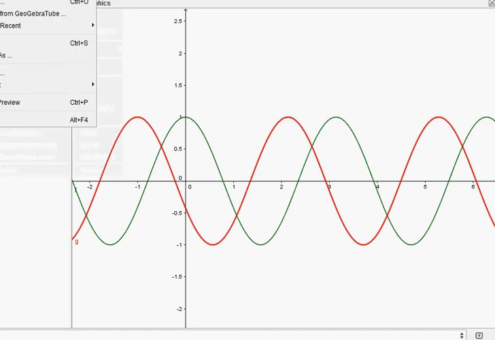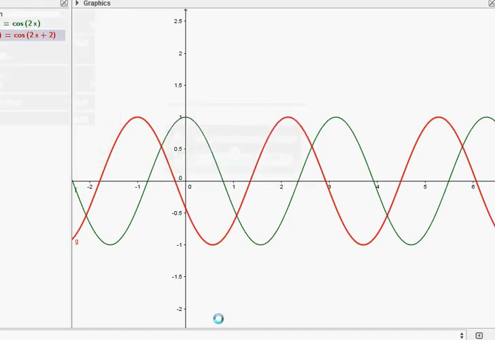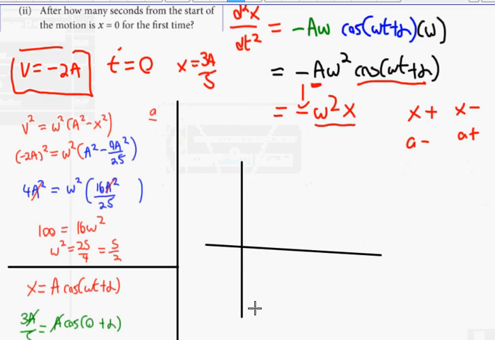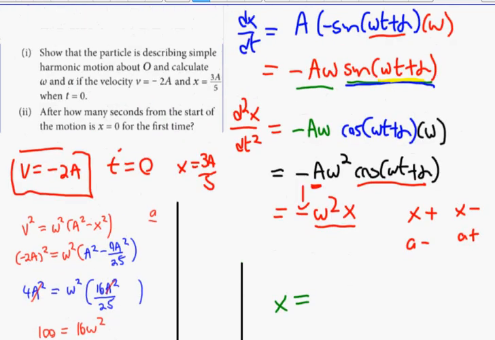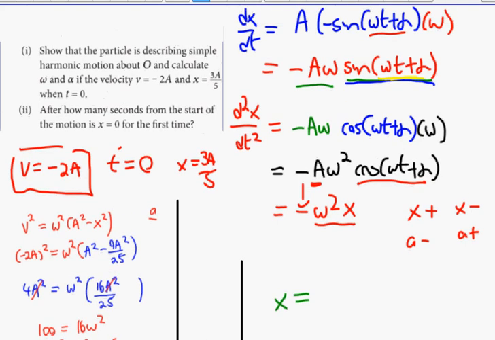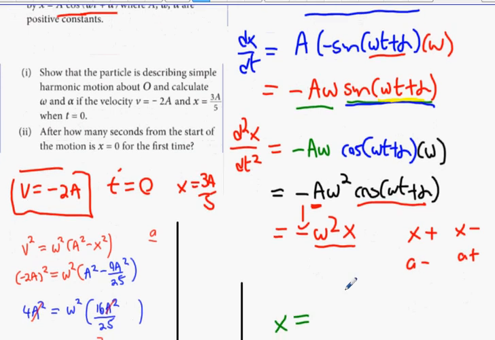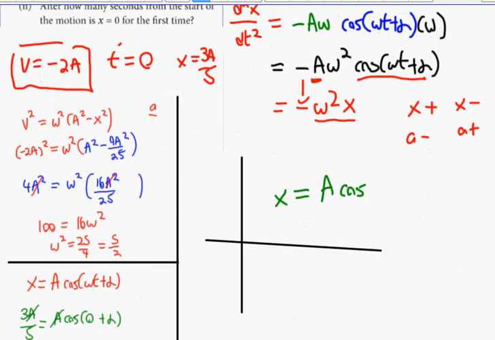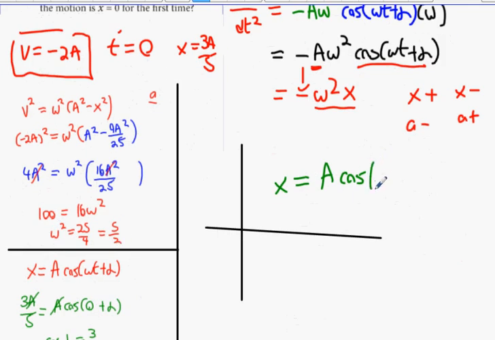So if I was to do this now, I know my function. My function here is x equals a. Now, do we know the a value yet? After how many seconds from the start of the motion is x equals 0? So we only need to find out when x equals 0. We actually don't need to know the a value to pull this off. So x equals a cos. Now we know the omega value, don't we? Omega value is 5 over 2t.